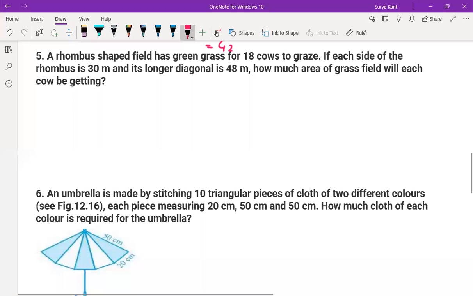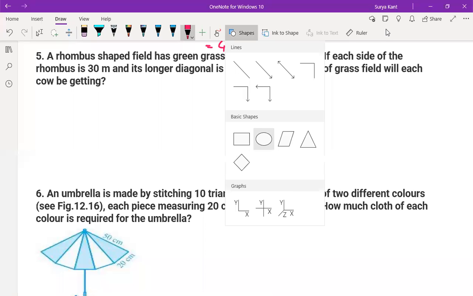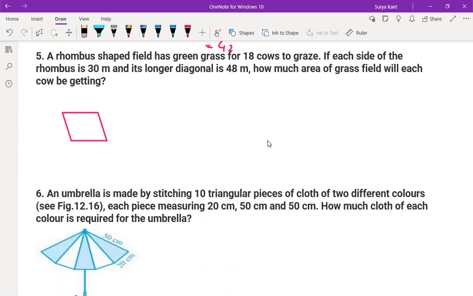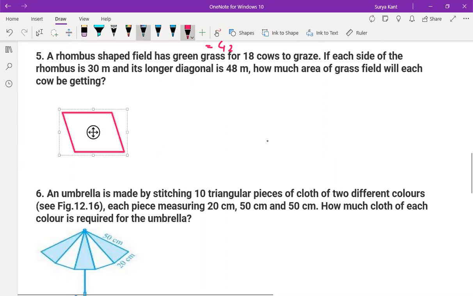So what to do first? First you just draw a rhombus here. Then you join the lines.